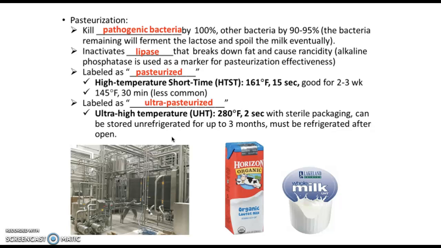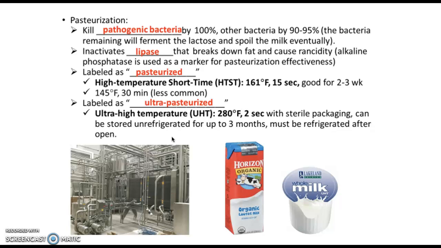So when we talk about food being pasteurized, it typically refers to high temperature short time processing, HTST. That type of milk will be good for 2 to 3 weeks. The long time low temperature processing, LTLT, is very rarely used because it requires 30 minutes of cooking time.